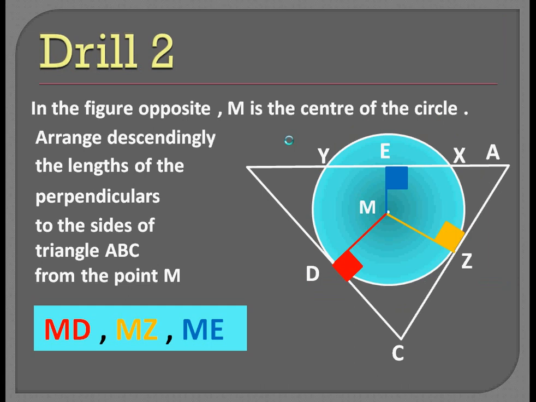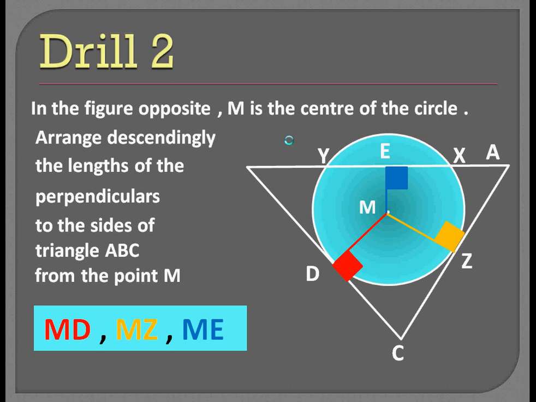Let's have drill 2. In drill 2, I have the figure. This figure consists of a circle M and a triangle. We can say that AC is a tangent, DC is a tangent, and XY is a secant. MZ is perpendicular to AC, MD is perpendicular to DC, and ME is perpendicular to XY.